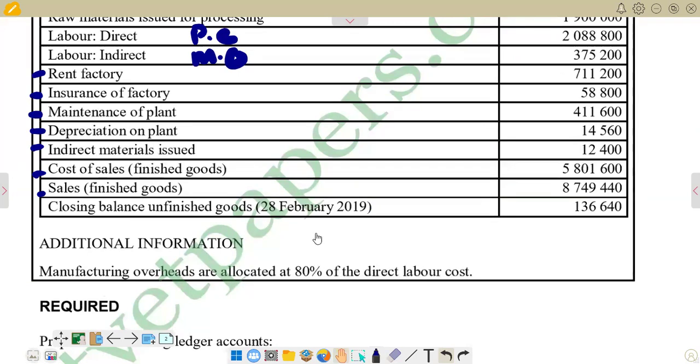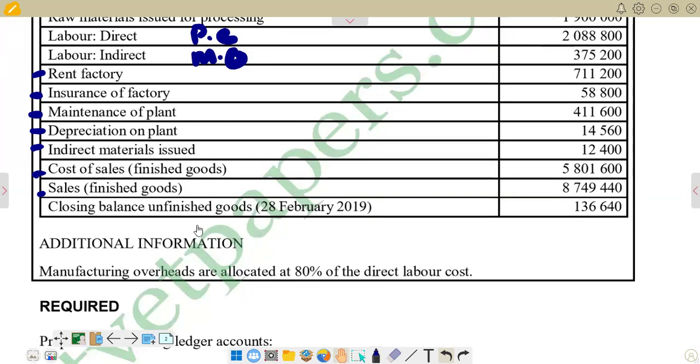Remember, after preparing the manufacturing overheads account, we are supposed to transfer the total amount of manufacturing overheads to the production control. If you are preparing a production cost statement, we are supposed to find the figure for manufacturing overheads that is part of the calculation of the production cost. So the statement is saying that the total amount of manufacturing overheads should be 80% of direct labor cost.